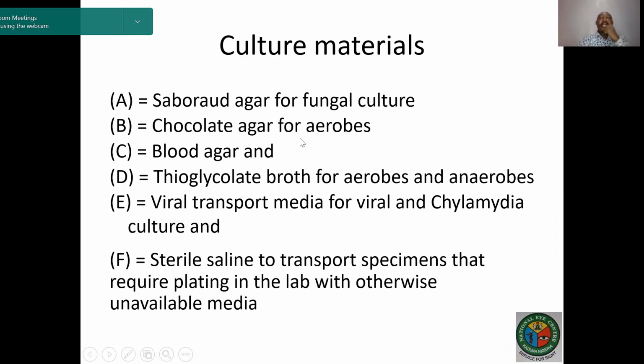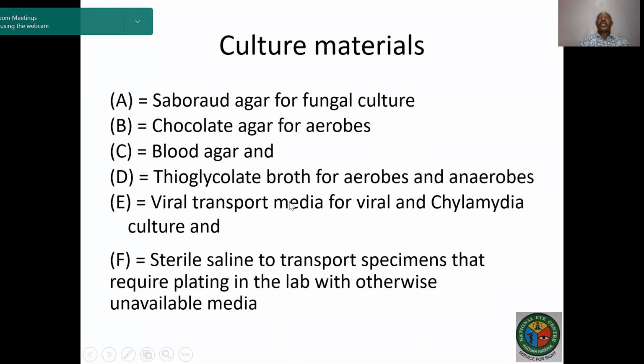The separate agar are usually better off for fungi culture, while thioglycolate and blood agar are good enough for aerobes, but thioglycolate broths are better off for anaerobes when we want to consider anaerobes.